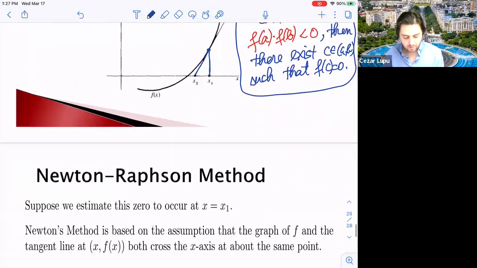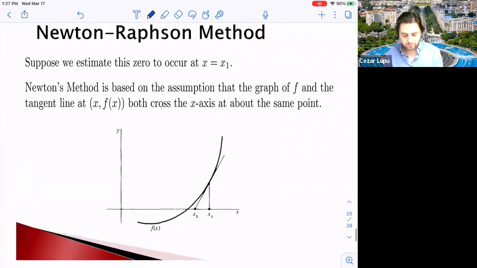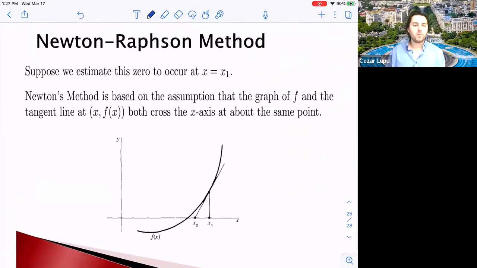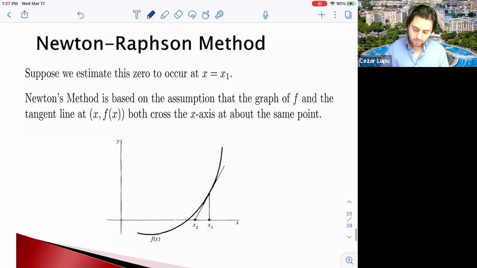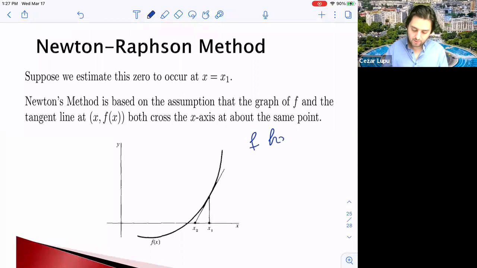So suppose we estimate this zero at x equals x1. So f has a zero at x equals x1.